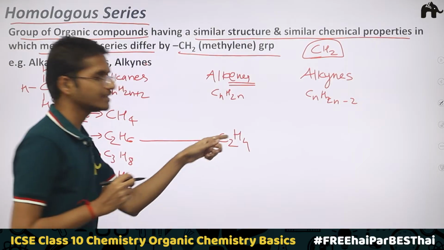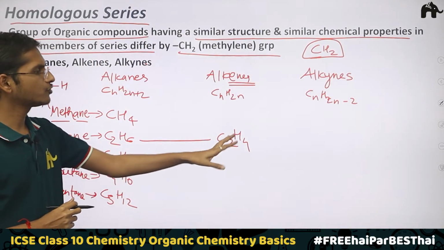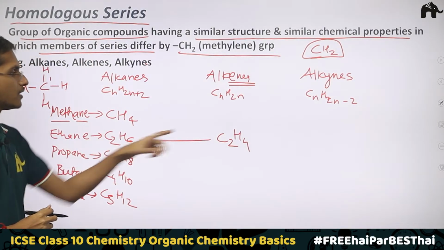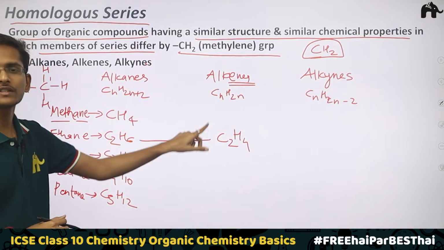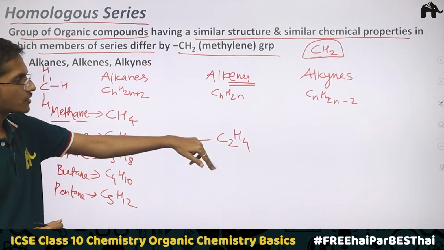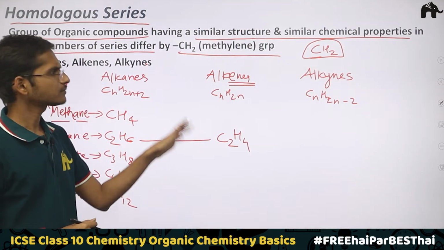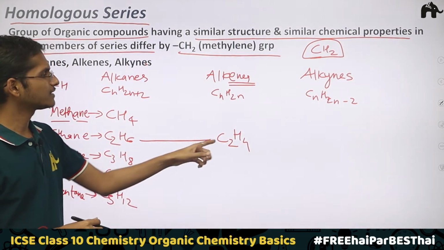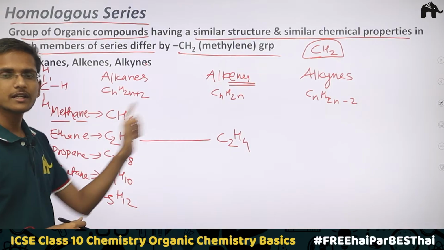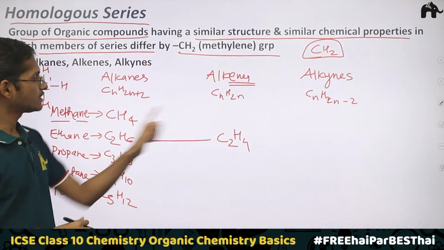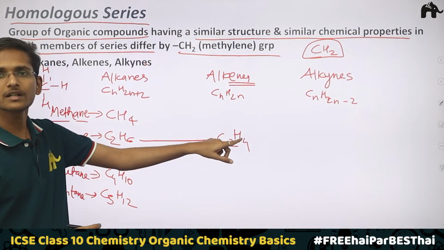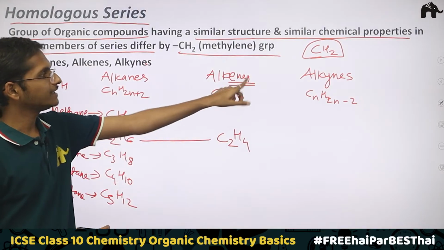So ethene. And if you wish to write the name as per IUPAC, you can write the structure of this C2H4 as well. From the structure you can get to know that this is ethene. But no need to go into that much detail. You just relate this with the alkanes. So this is the formula for the second carbon alkene. So eth and ene, ethene.